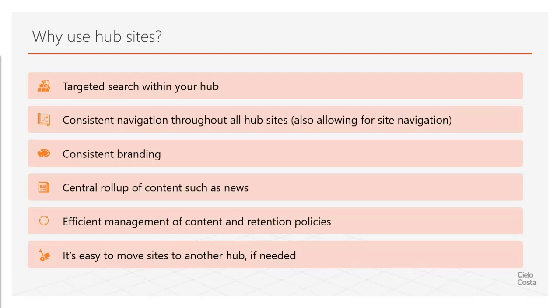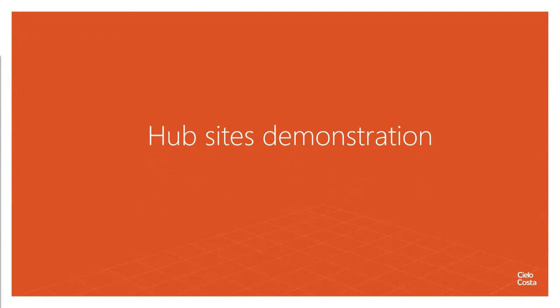We also have a central write-up of things like news, so that we can have a home page and that pulls in news and other content just from my hub. We have efficient management of content and retention policies, so it helps to guide those policies and those compliance elements to a specific hub if needed. And as I've already said a few times, it makes it far easier to move things around to another hub if needed without needing a full-scale migration.